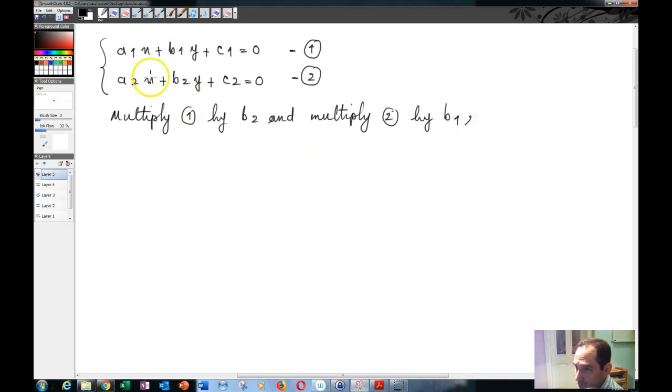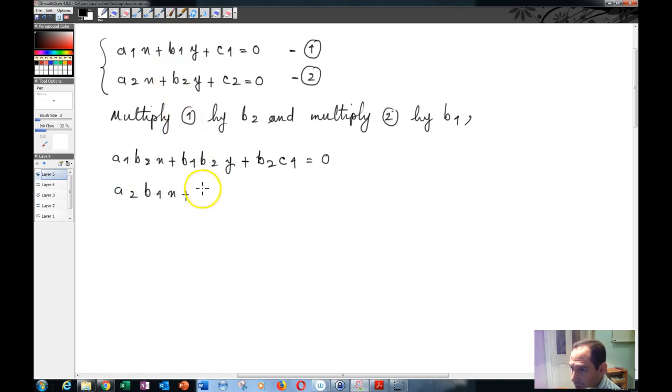So I get a1 b2 times x plus b1 b2 times y plus b2 c1 is equal to 0, and a2 b1 times x plus b1 b2 times y plus b1 c2 is equal to 0.